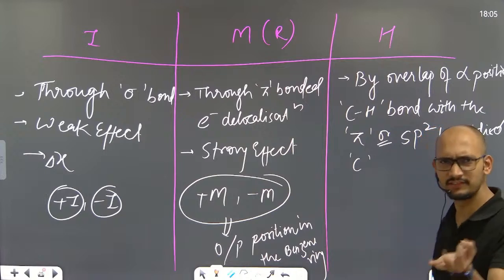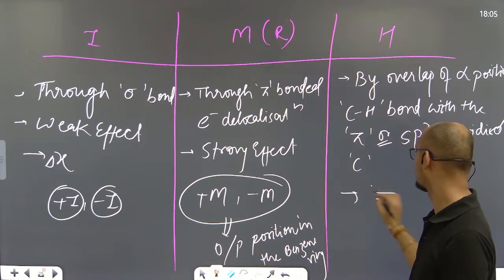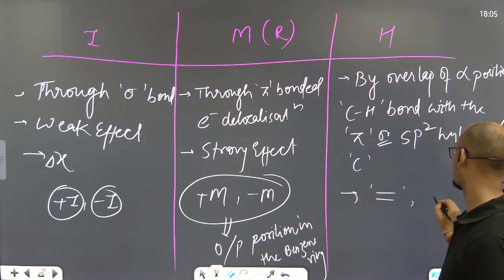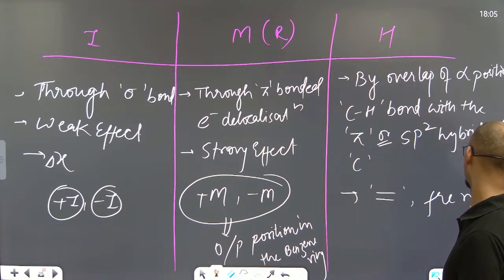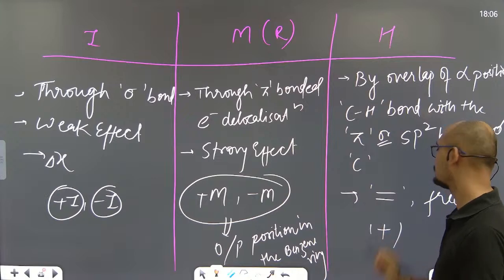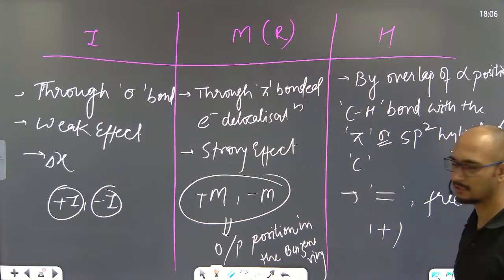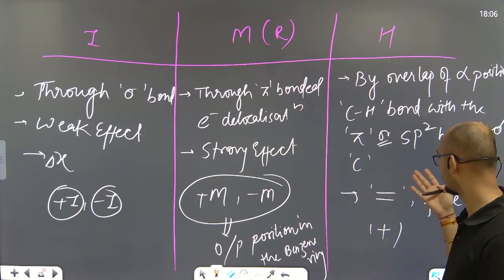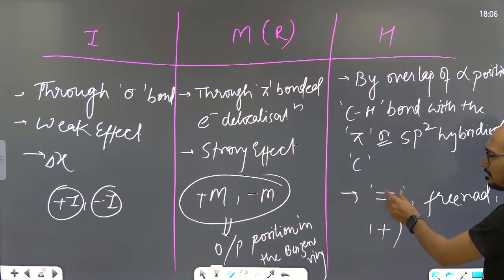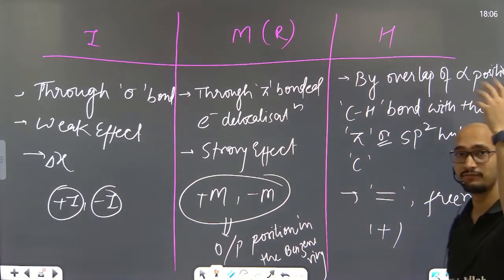So basically we'll see it in the double bond, in the free radical, and also in the carbocation. Not a big deal.